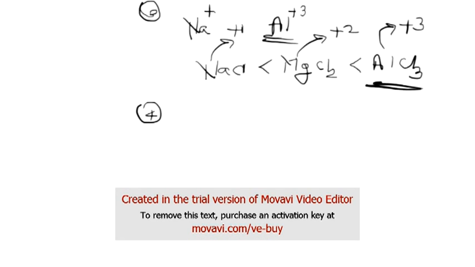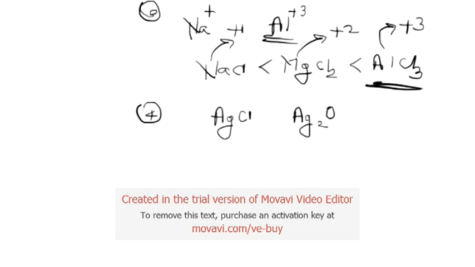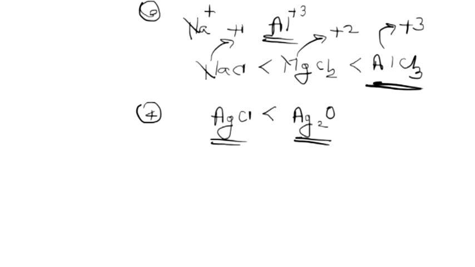This can be very easily explained by taking AgCl and Ag2O. Oxygen has a -2 charge, so talking about the covalency, Ag2O would be more covalent and AgCl would be less covalent. This is because oxygen here has a -2 charge and chlorine here has a -1 charge. So, anions with higher or more negative charges would undergo more polarization.